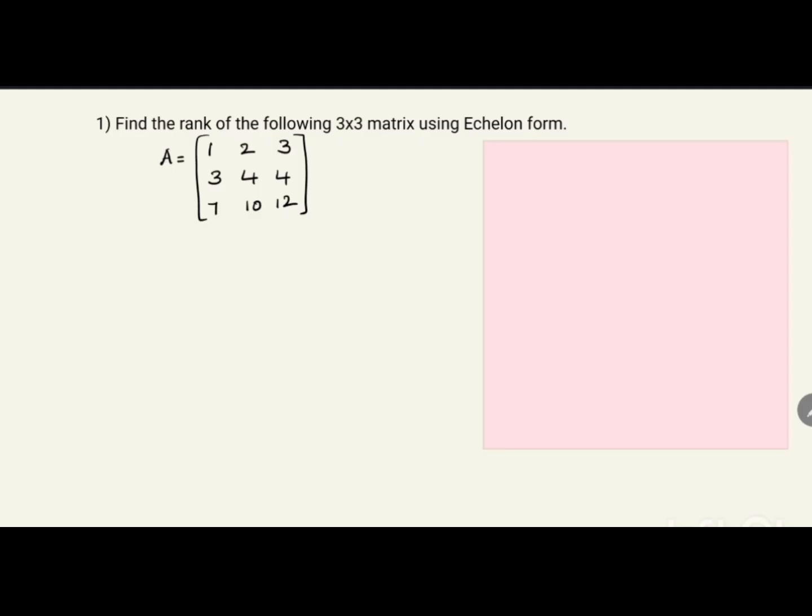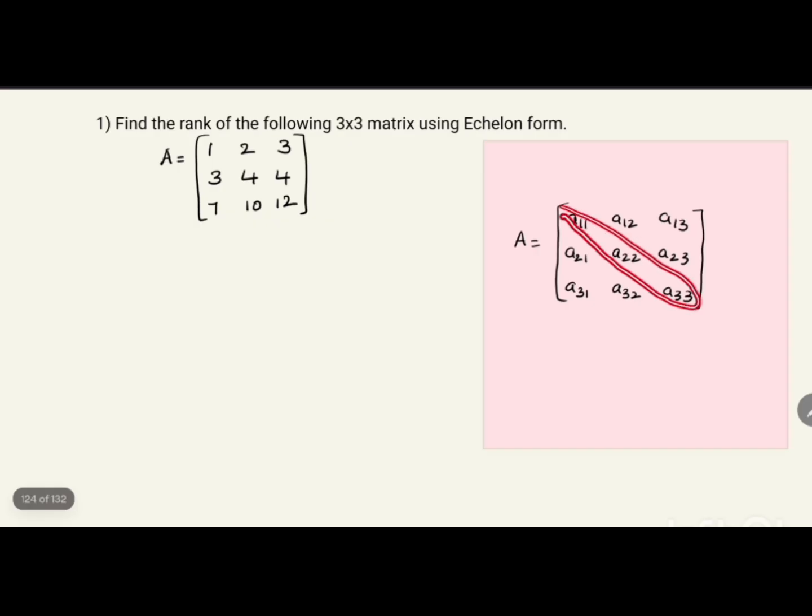If I take a matrix A equal to A11, A12, A13, A21, A22, A23, A31, A32 and A33, since we are dealing with a 3 by 3 matrix. So upper triangular matrix means, these are the diagonal elements, right? Principal diagonal. And I should make these 3 elements 0.